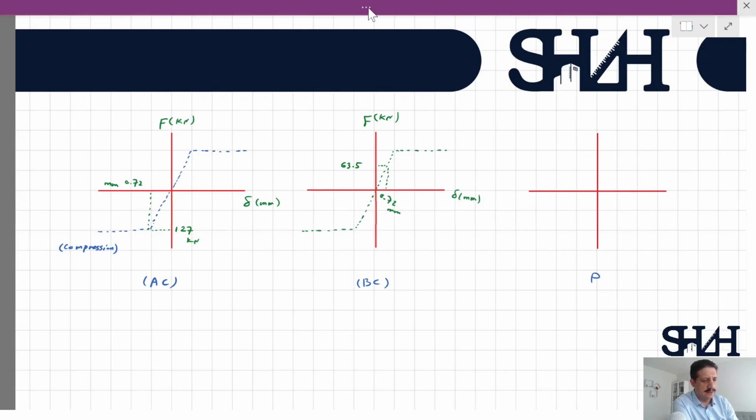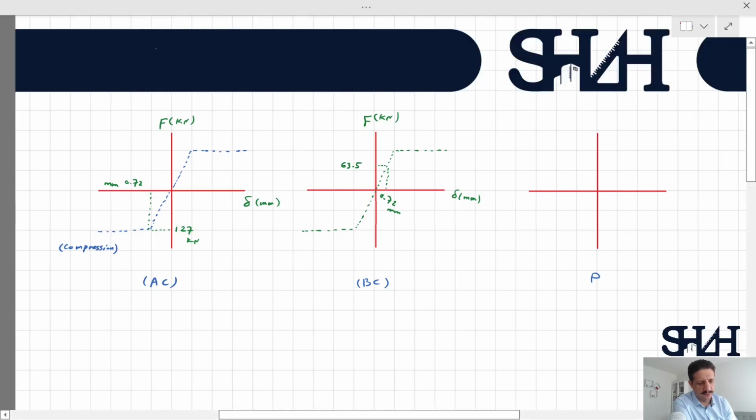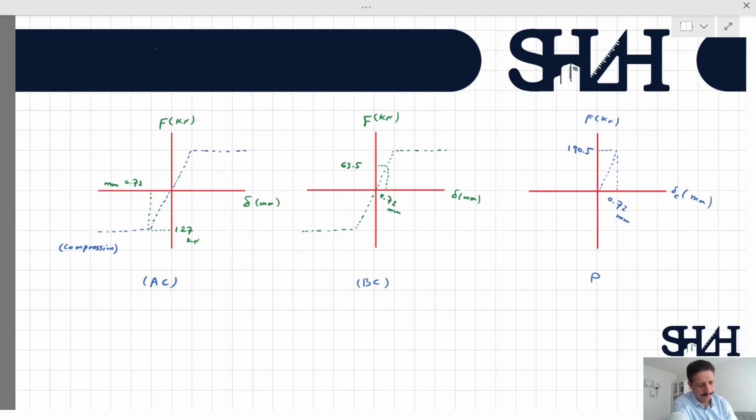So this is the time that the load reaches 190.5, and it was 0.72 millimeter.